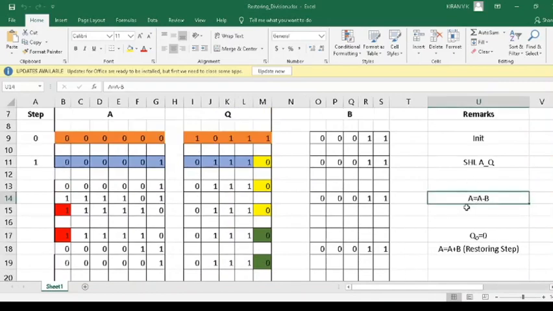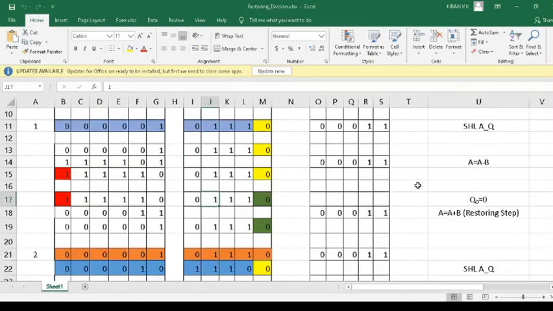So how will you do A minus B? If you see here, we have brought down this A downwards, and we have written the 2's complement form of B here. You just add these two fields. So what will you get? You will get the resultant field here. Okay, this bit sequence is the answer. You are bringing down Q as such. There is no change in Q.